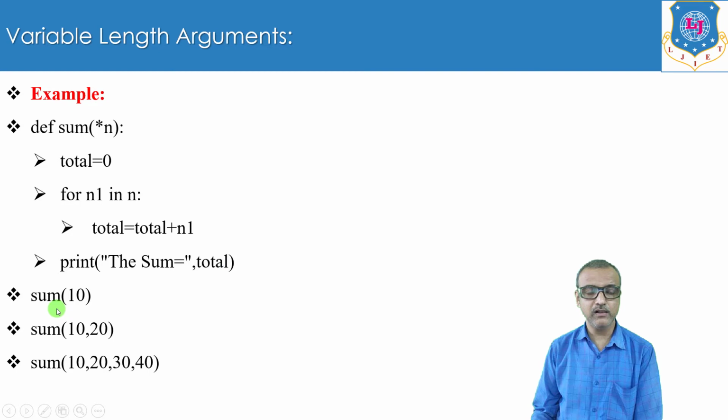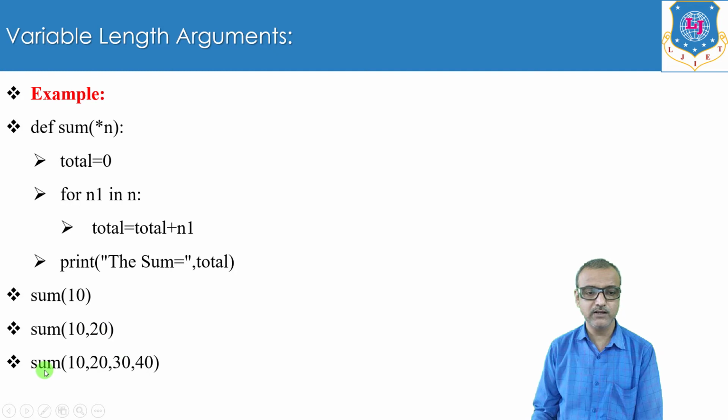See, if I call the function sum(10), what will it give me? It will give me only 10, because here we are passing only one argument, that is 10. But if I pass two arguments, sum(10, 20), it will give me the output 10 plus 20, that is 30.